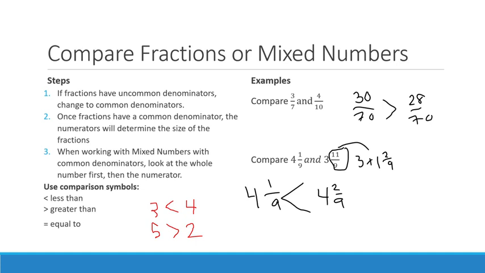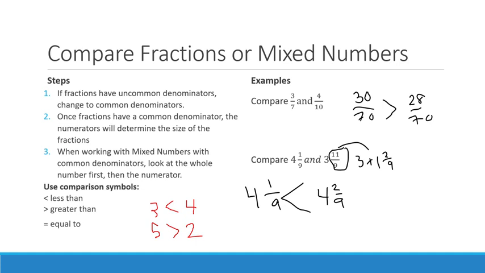In order to compare fractions or mixed numbers, what we want to do is make sure our denominators are the same. Then we can just look at the numerators. In this example, we have 3/7 and 4/10.